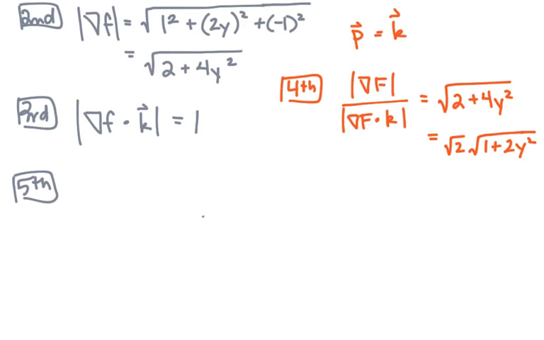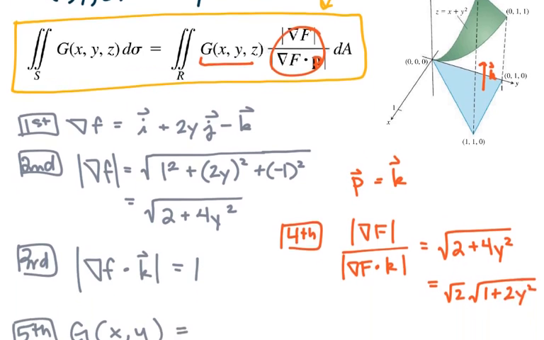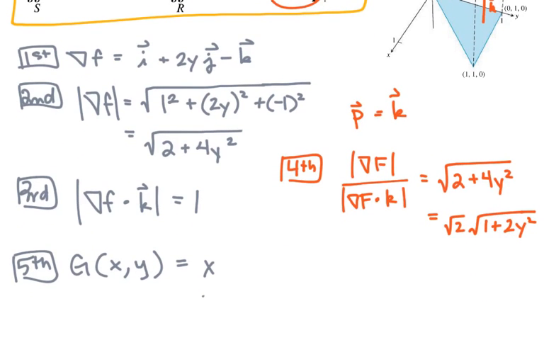So fifth, g of x and y, that is going to be z. Well, z, again, z is x plus y squared. So I've got x plus y squared minus x. My function, g of x, y, is y squared.